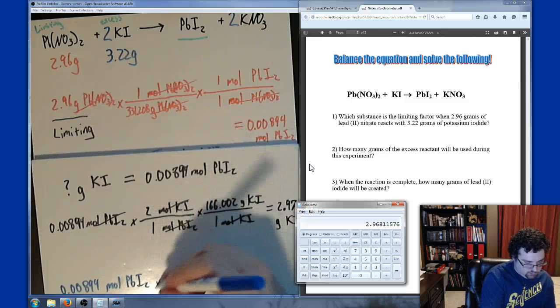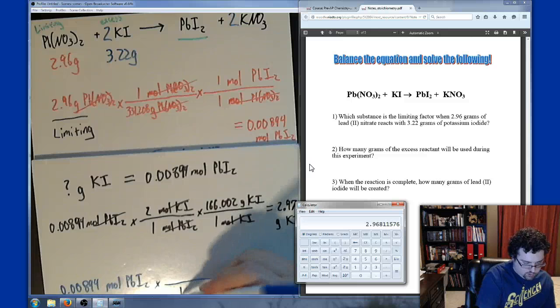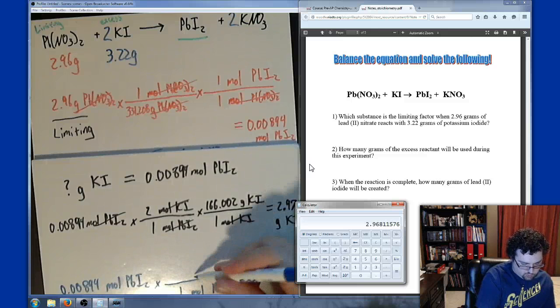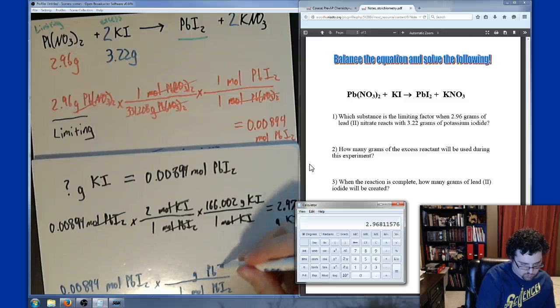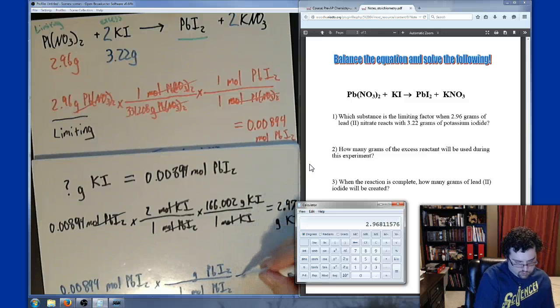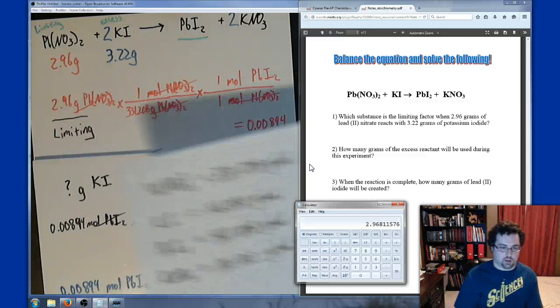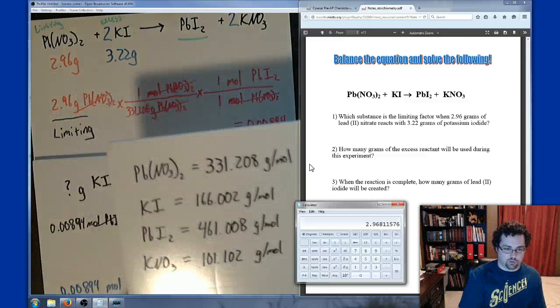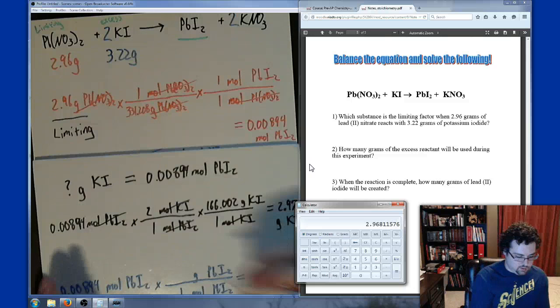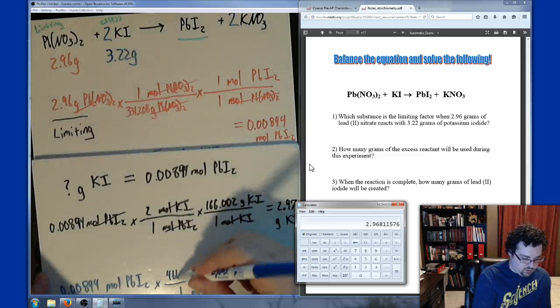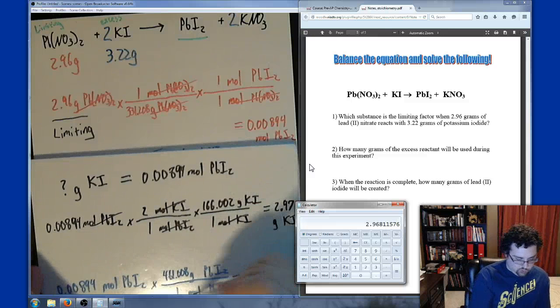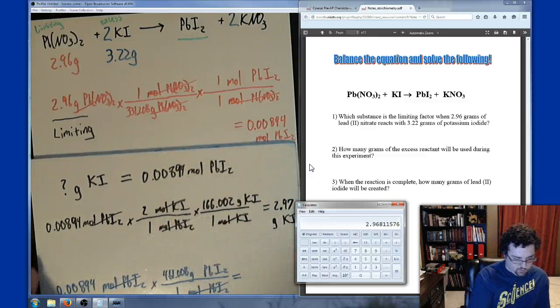Now I only need to multiply that by the molar mass of PbI2. So there's a certain number of grams of PbI2 for 1 mole PbI2, and that certain number I calculated earlier is 461.008. So moles PbI2 will cancel, and that'll give me grams PbI2.